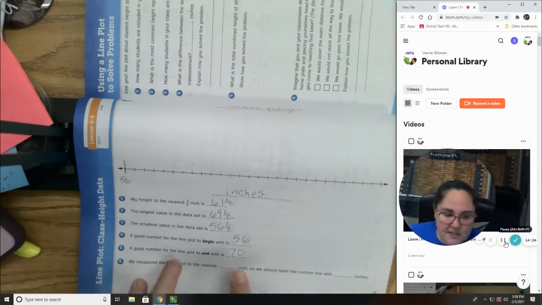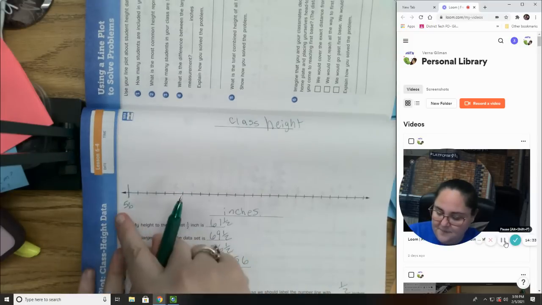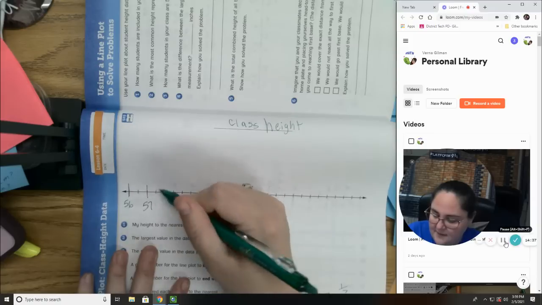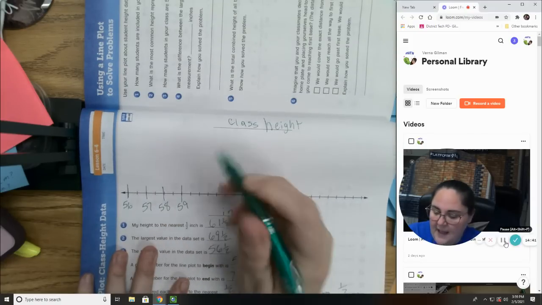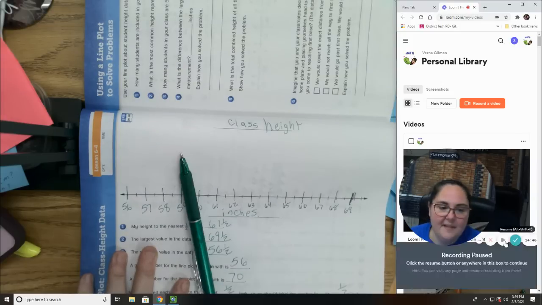We measured each student to the nearest 1/2 inch, so we should label the numbers to the nearest 1/2 inch. All right, 56, 56.5, 57, 58, 59. I'm going to pause the video. I want you to finish labeling this number line.